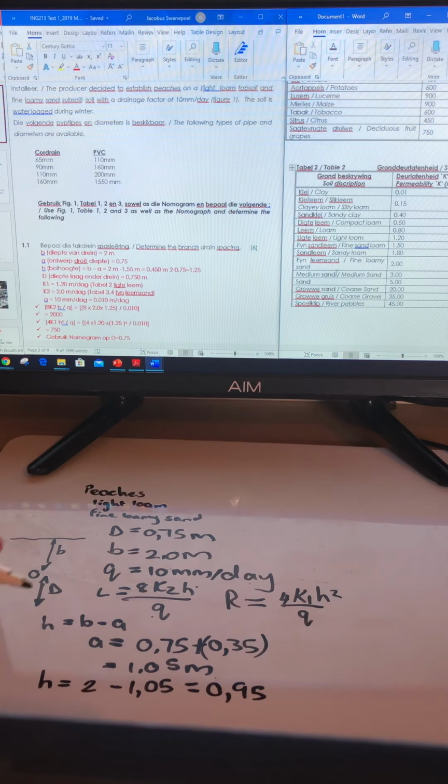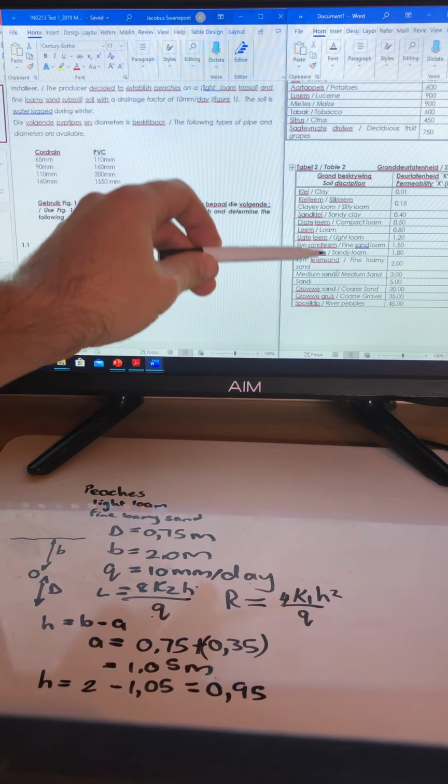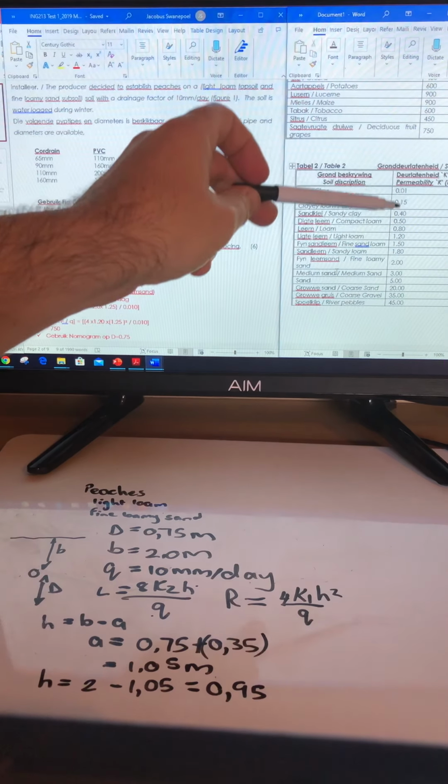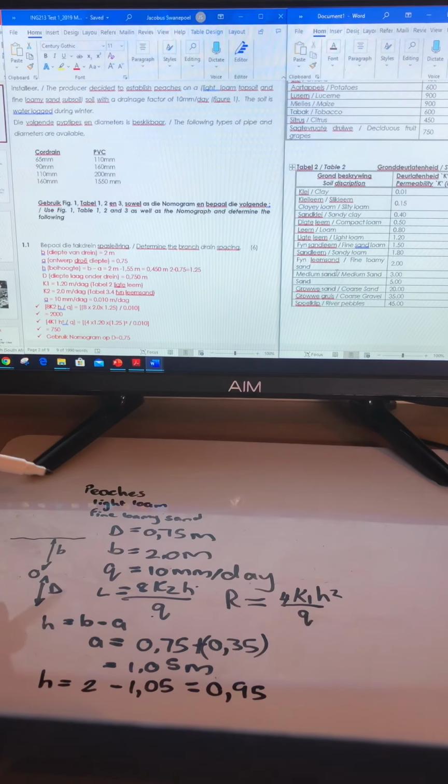What you'll see is that it has different soil types, and for every soil type, it has a value. In the beginning of the question, I said that the topsoil is a light loam and the subsoil is a fine loamy sand.